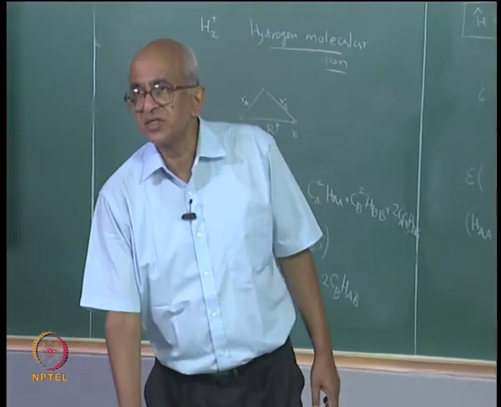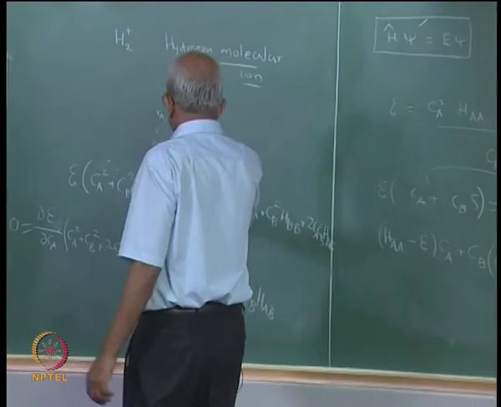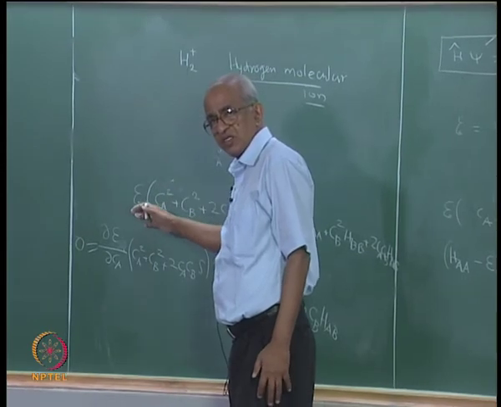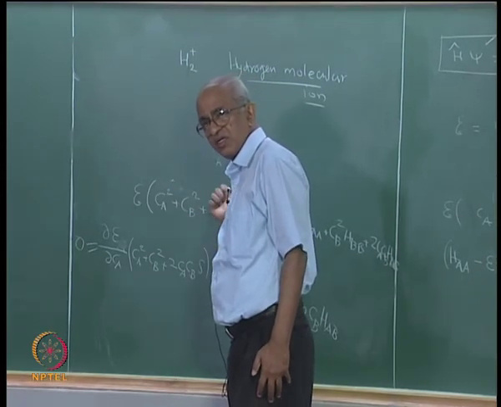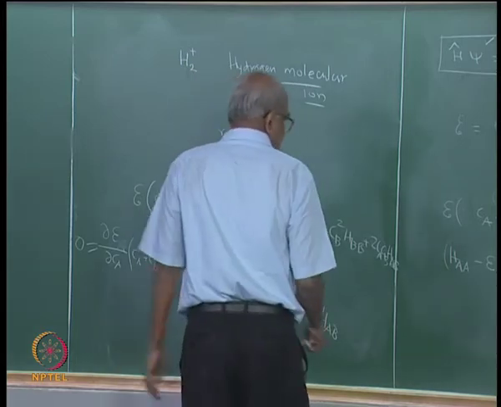In a similar fashion, you can differentiate this expression with respect to CB, put the derivative of script E with respect to CB equal to 0, and you are going to get an exactly similar equation. I can just write down that equation. What would that be?